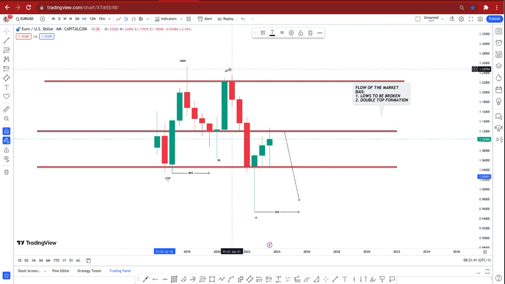Now I'm expecting a new lower high to take out this new lower low. So from this basic thing, I've been able to spot the flow of the market using the breaking of the lows and the structure, the chart pattern that I envisage.